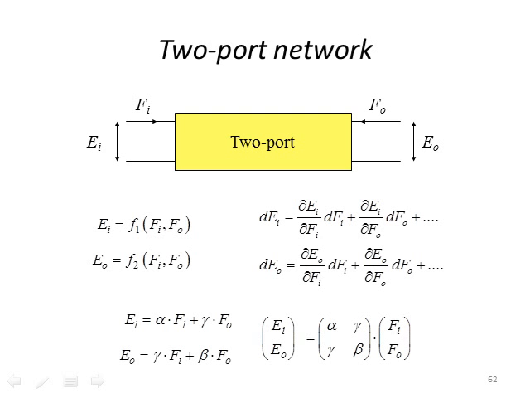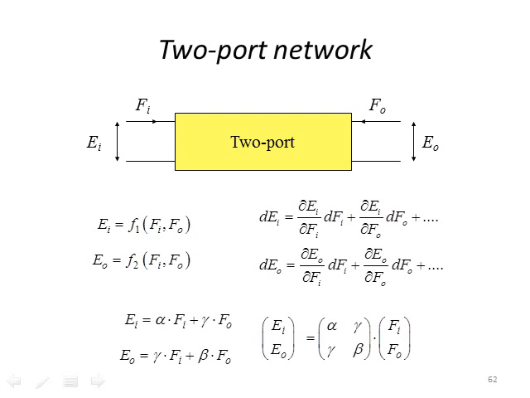So what do we do? We have a two-port network with our cross and flow variables, and we define Ei as equal to some function of Fi and Fo, and Eout is also a function of Fi and Fo. We do a Taylor series expansion of dEi, and a Taylor series expansion of dEo. You see the two equations in the middle right of the slide.